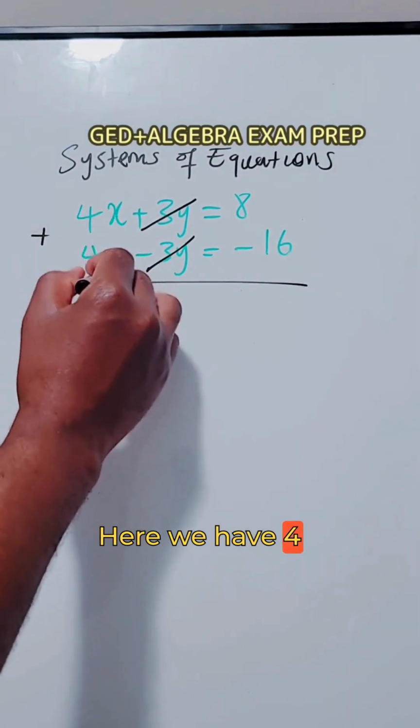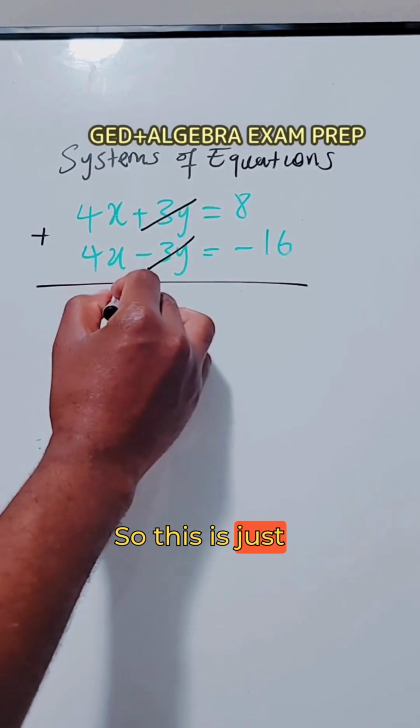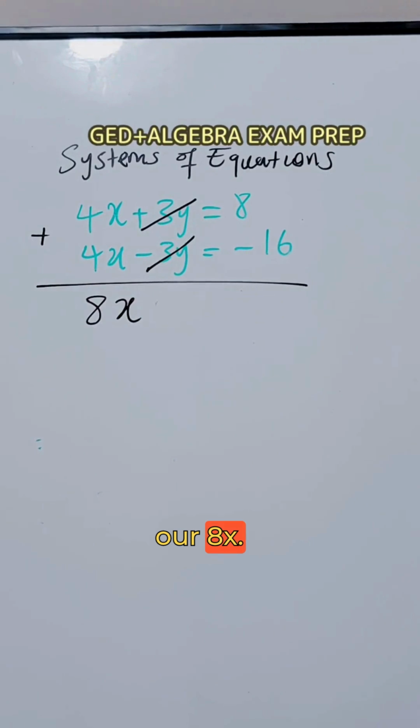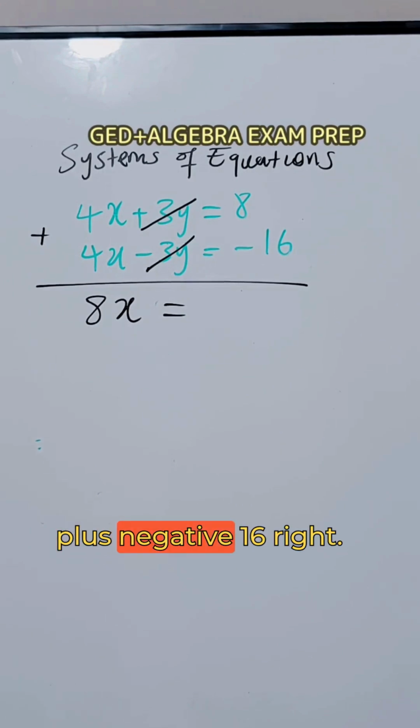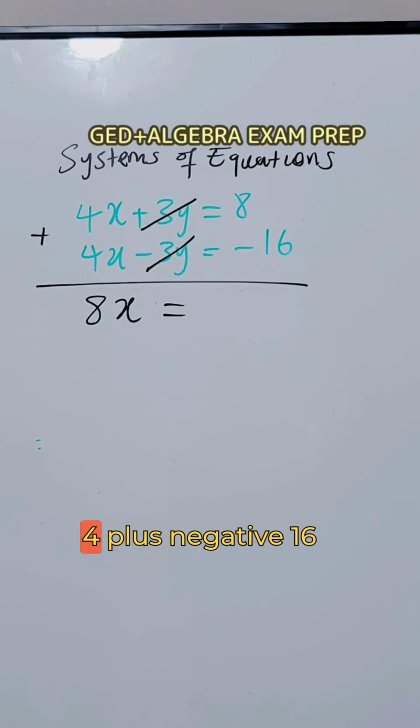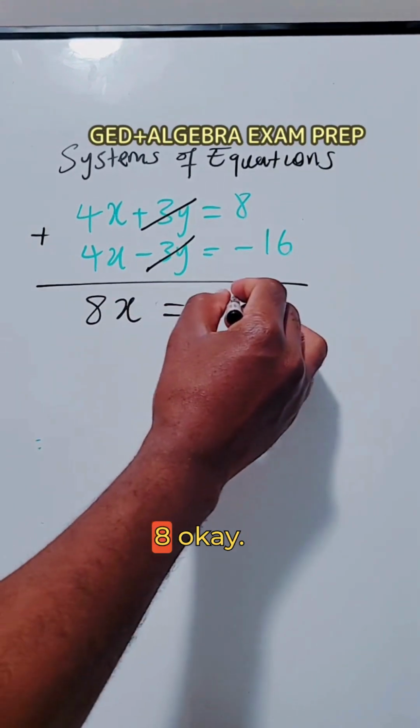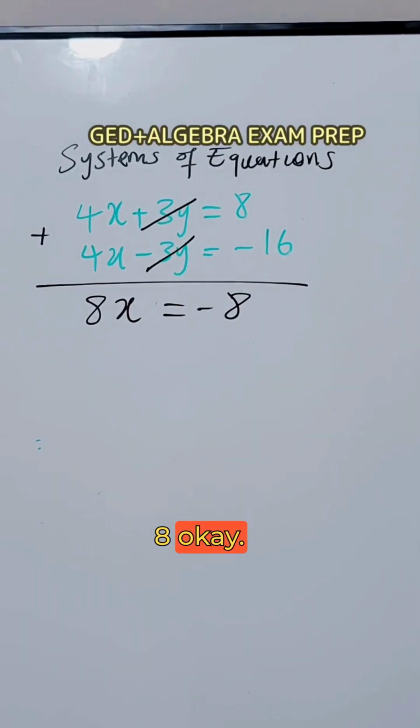Here we have 4 plus 4 is 8, so this is just our 8x. Then this is equal to 8 plus negative 16, that is just negative 8.